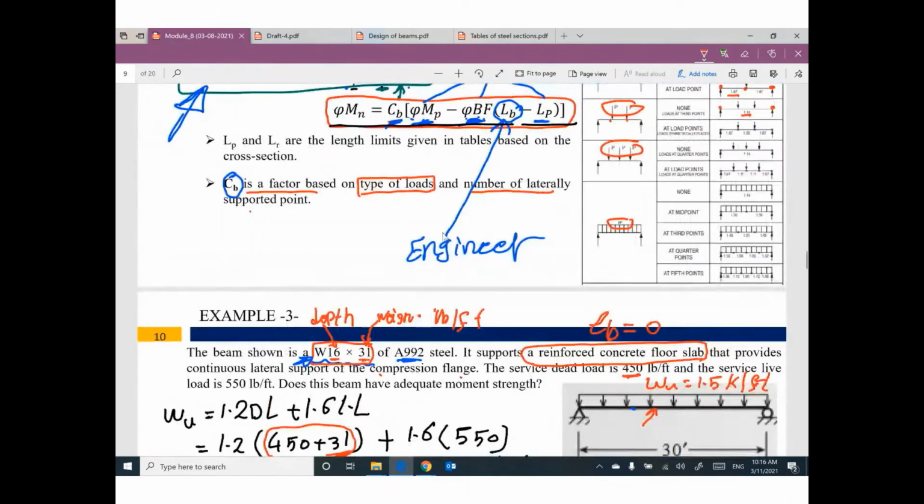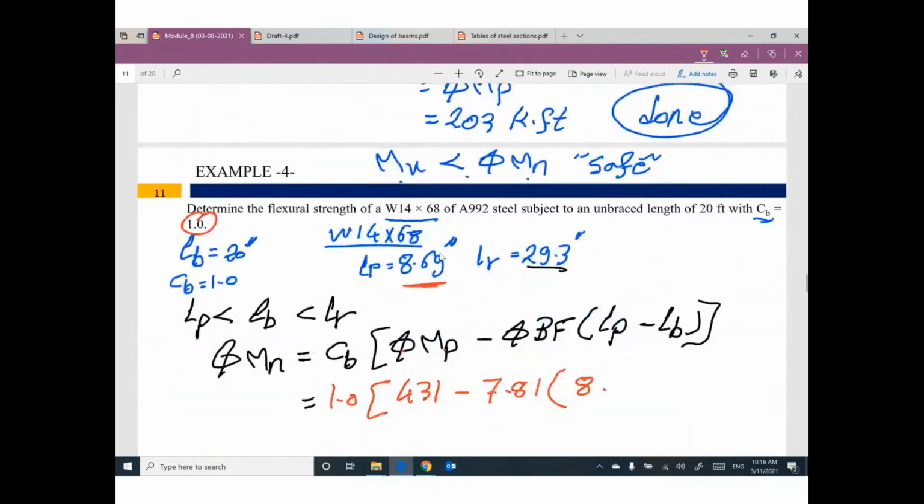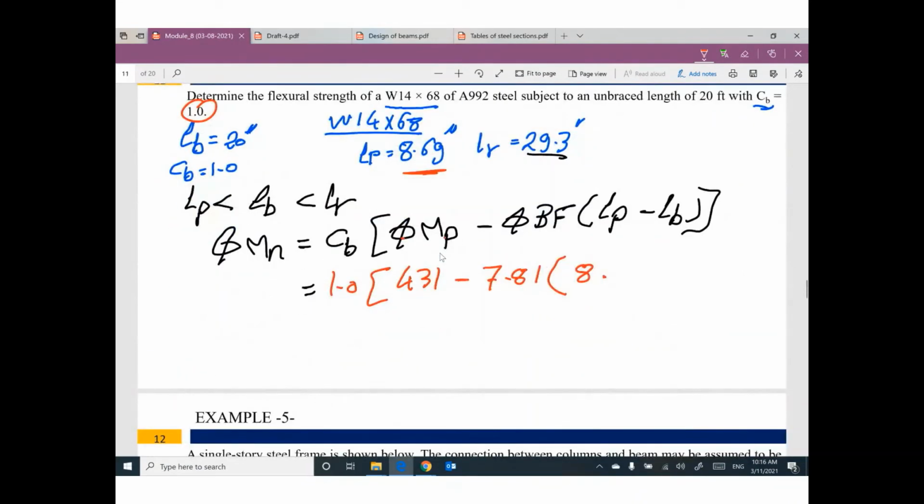It should be LP minus LB. Okay. LP 8.69 minus LB, which is 20. Be careful because this one minus this one will be negative, times negative will be positive.